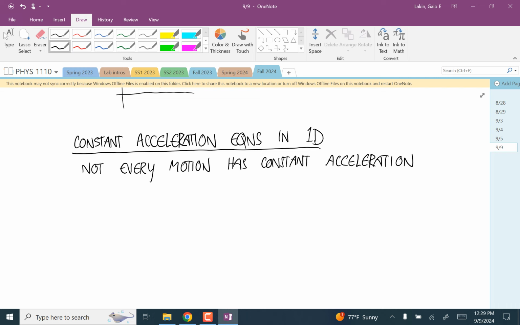An object that's moving in a circle does not have constant acceleration no matter what. But we're going to do calculations for constant acceleration because some really important motions do have constant acceleration. Okay.